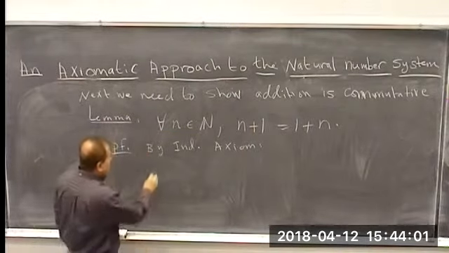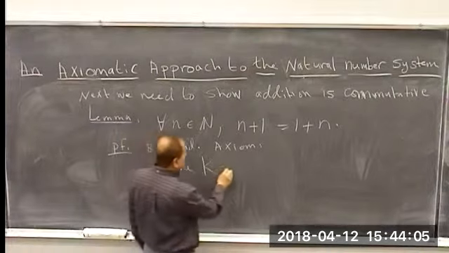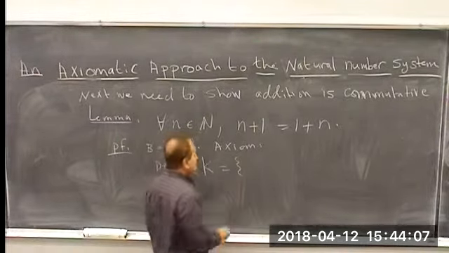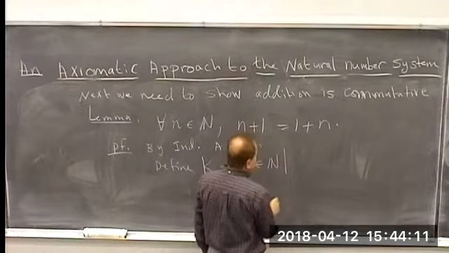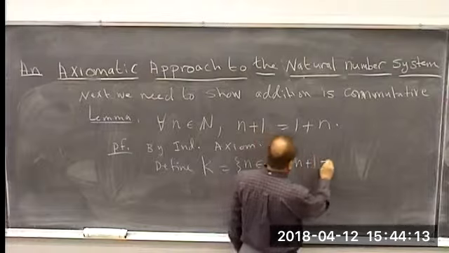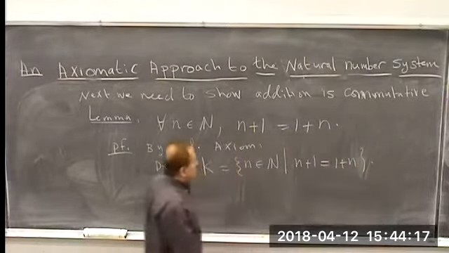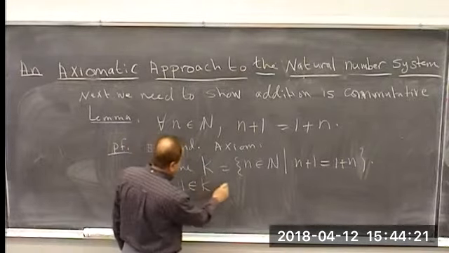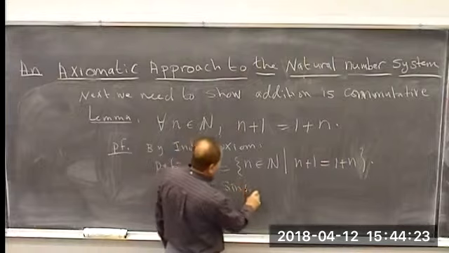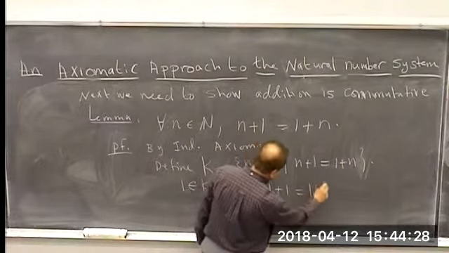So we're going to define K to consist of n in N such that n plus 1 equal 1 plus n. First, 1 does belong to k, since 1 plus 1 equal 1 plus 1.